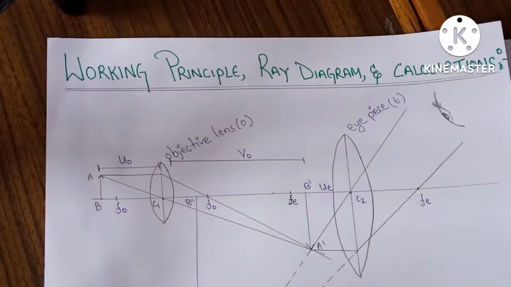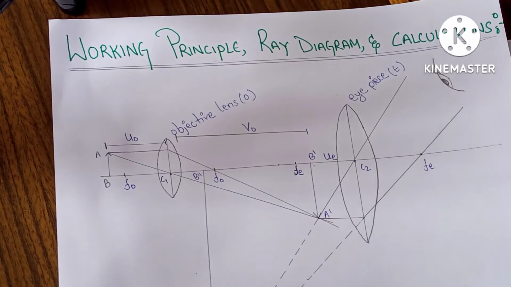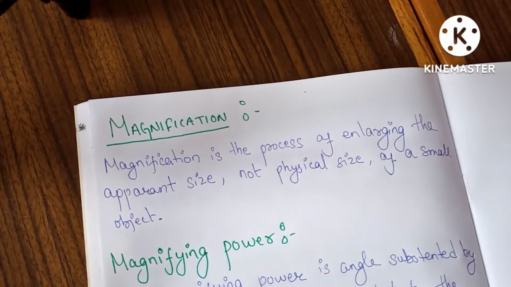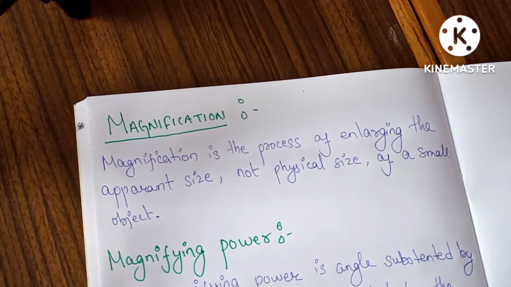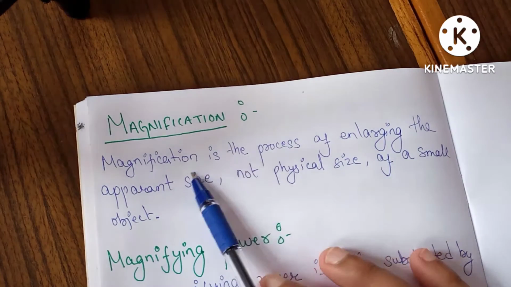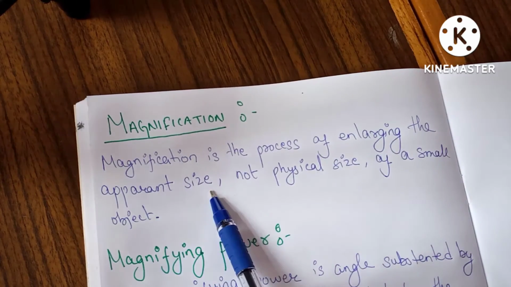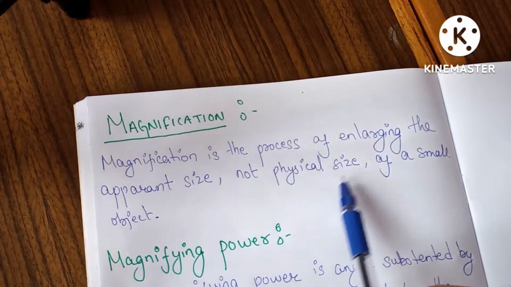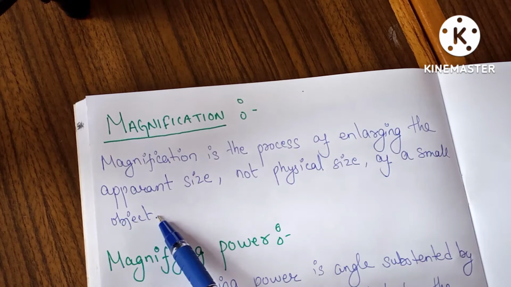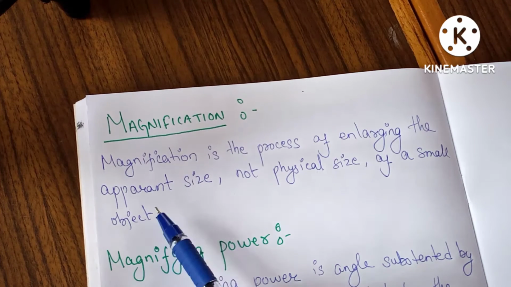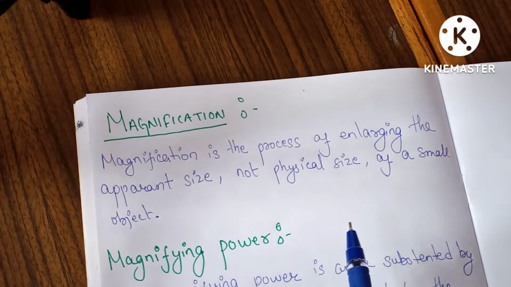But before that, we need to understand what is magnification and magnifying power. Now let us discuss what is magnification. Magnification is the process of enlarging the apparent size, not the physical size, of a small object. That means we have to see an enlarged image of any tiny object.